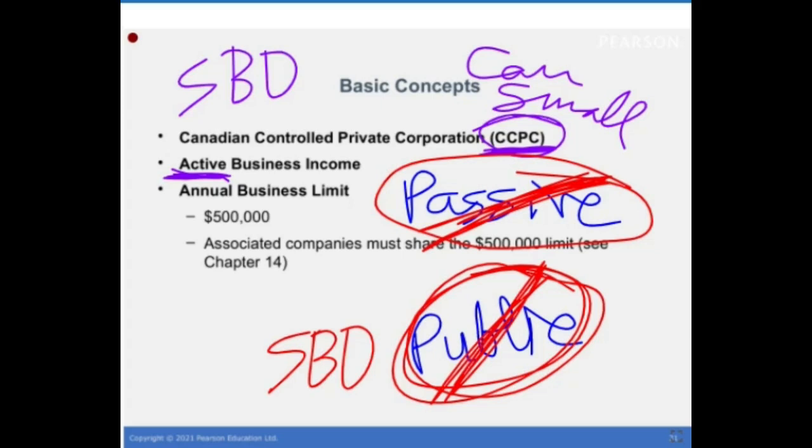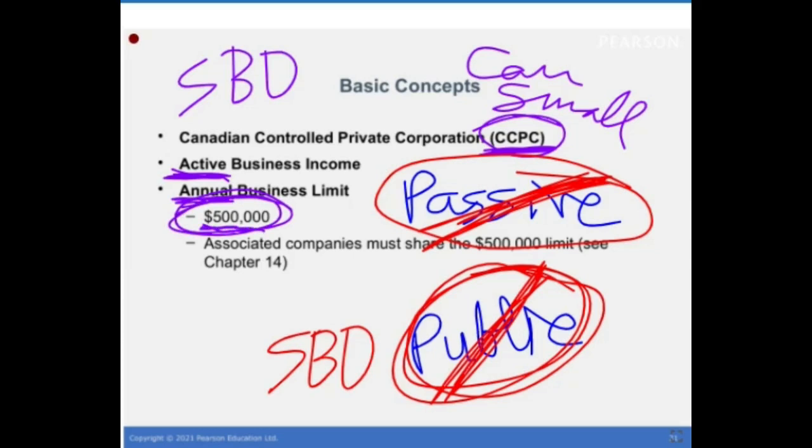The reason we're trying to give incentives to active income, again, is that it creates jobs. Another component of this is the annual business limit. This is the $500,000 that I was talking about.